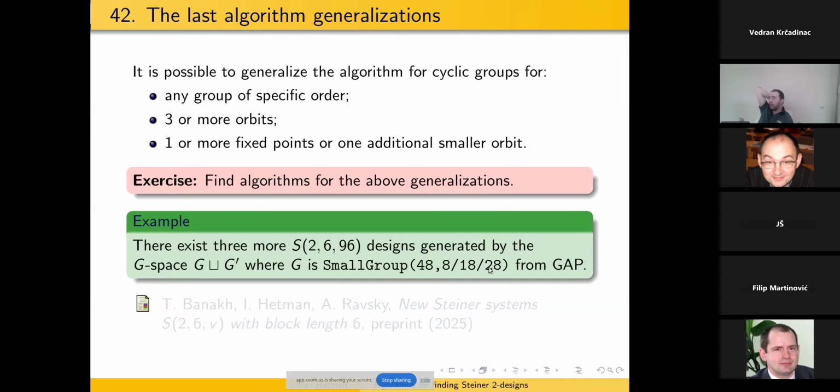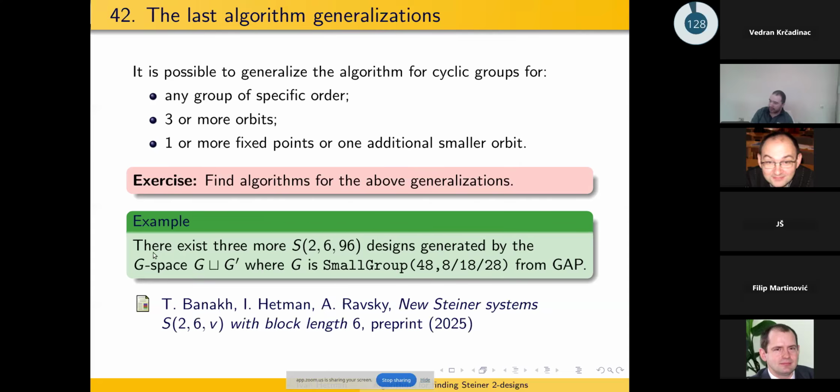It is the binary octahedral group. I don't know whether it means something, but these groups are just some semi-direct products, and this is a binary octahedral group. It is actually very interesting. And results regarding this last algorithm are in this paper, also submitted to arXiv.